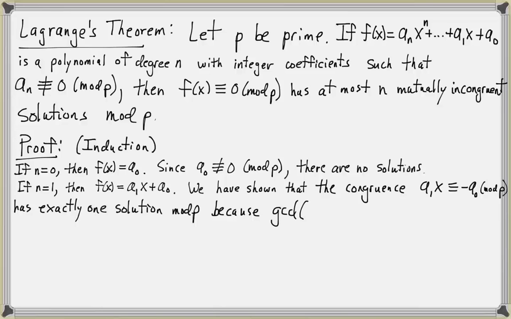So the GCD of a1 and p is 1, and there is exactly one solution to this congruence. So the theorem holds for n equals 0 and for n equals 1. That's the basis step for induction.